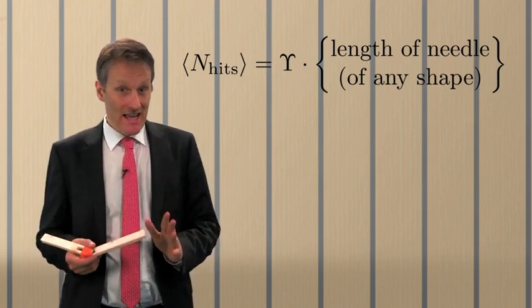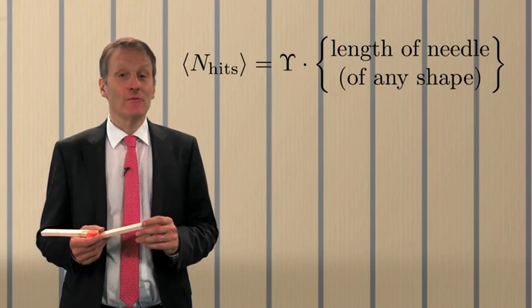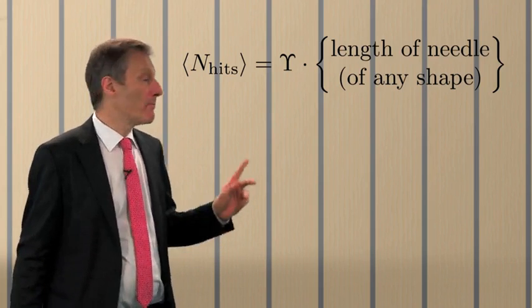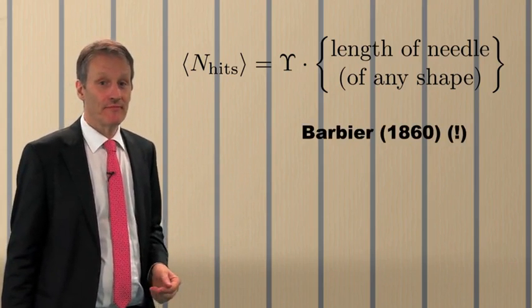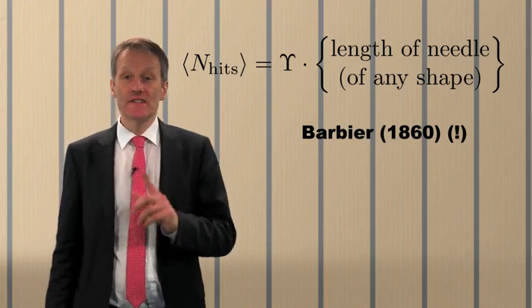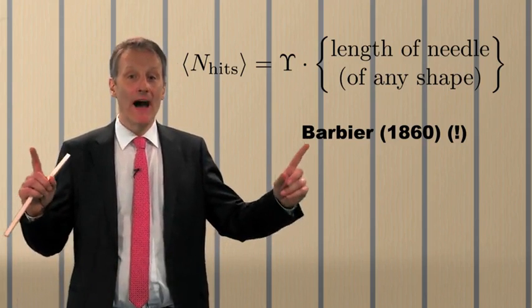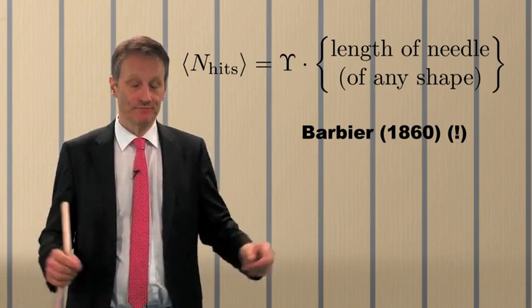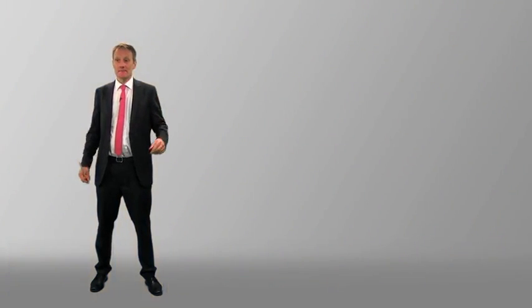So now this has a very strong consequence that was first found out by Barbier in 1860. He considered throwing needles of length pi times b. So let's start with straight needles.